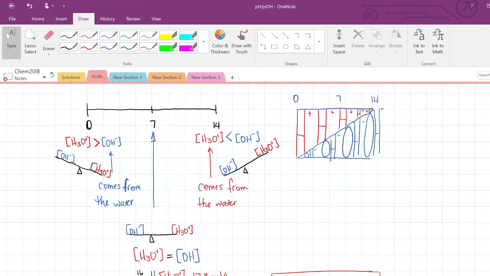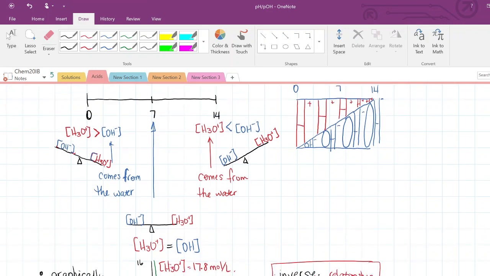And I've got a teeny tiny amount of hydroxide that comes from the water that's been mixed to make the solution. As I move to 7, the amounts between the hydronium and the hydroxide are equal. And as I move to a pH of 14, the hydroxide is way more in concentration than the hydronium that comes from the water.